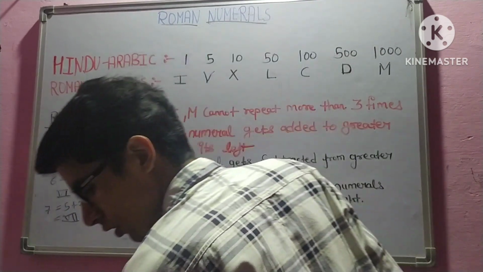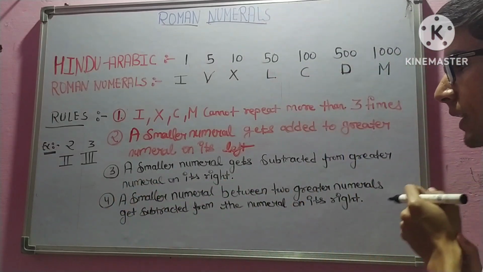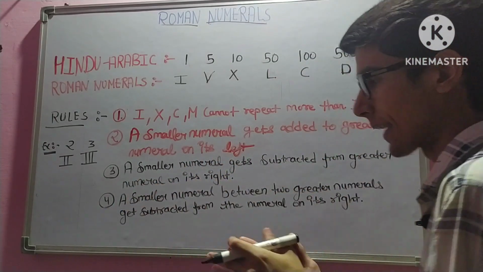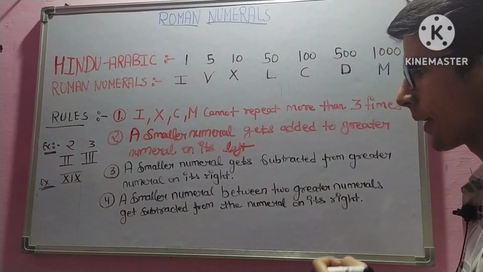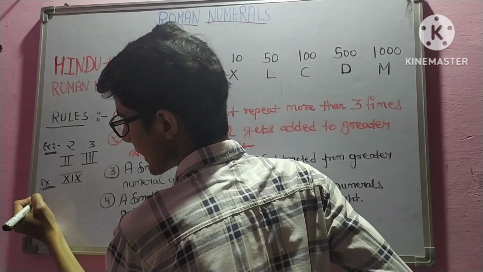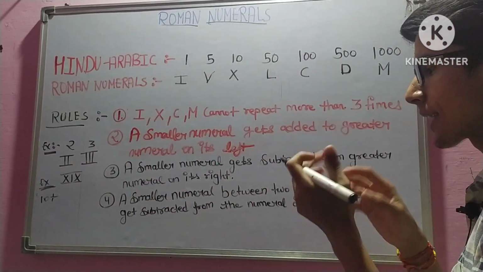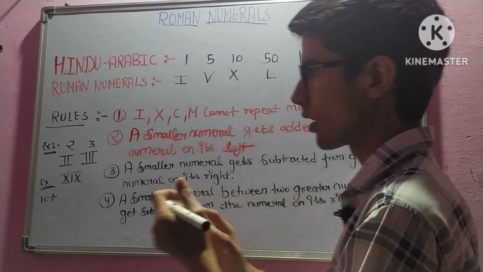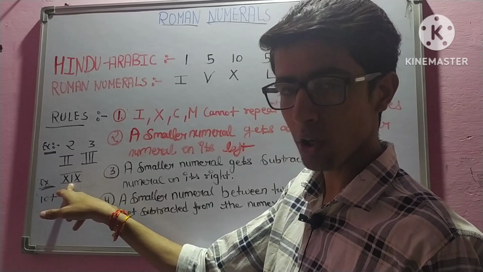Okay students? On to the fourth rule, the smaller numeral between two greater numerals gets subtracted from the numeral on its right. X, I, X. X represents 10, plus the smaller numeral between two greater numerals gets subtracted from the numeral on its right. The right portion represents 10 and in between is the smaller numeral.